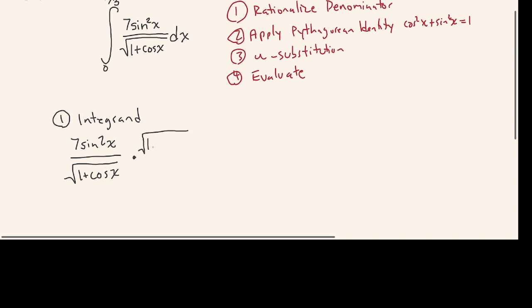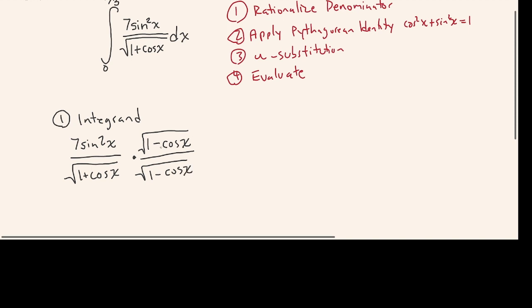The conjugate is the same as the denominator, but the terms inside will be subtracted from each other rather than added. If the denominator was 1 minus cosine x, then the conjugate would be 1 plus cosine x. In this case, since the denominator is 1 plus cosine x, the conjugate is 1 minus cosine x.